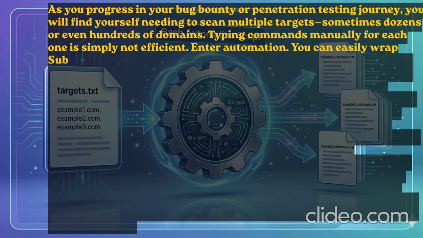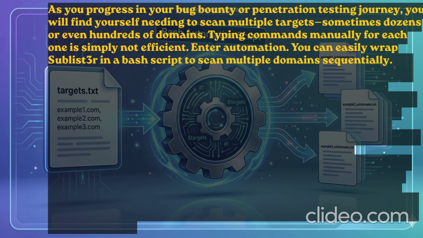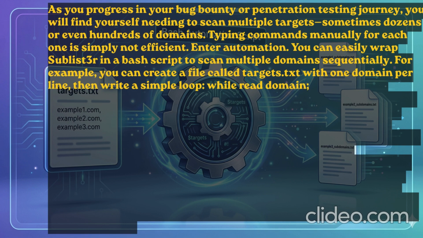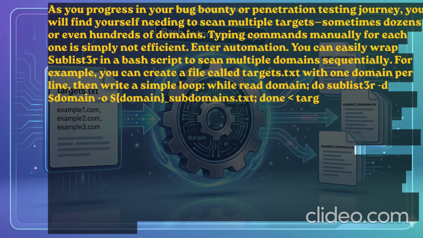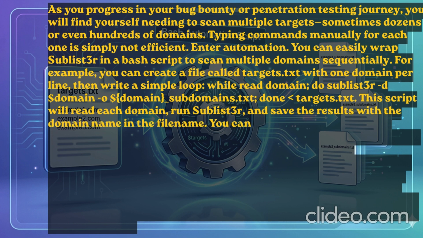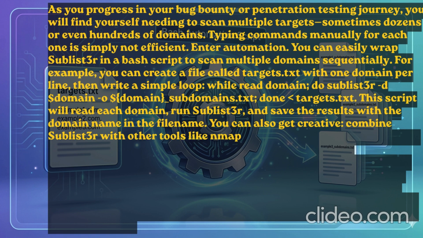For example, you can create a file called target.txt with one domain per line, then write a simple loop: while read domain; do sublist3r -d $domain -o ${domain}_subdomain.txt; done < target.txt. This script will read each domain, run Sublist3r, and save the result with the domain name in the file name.